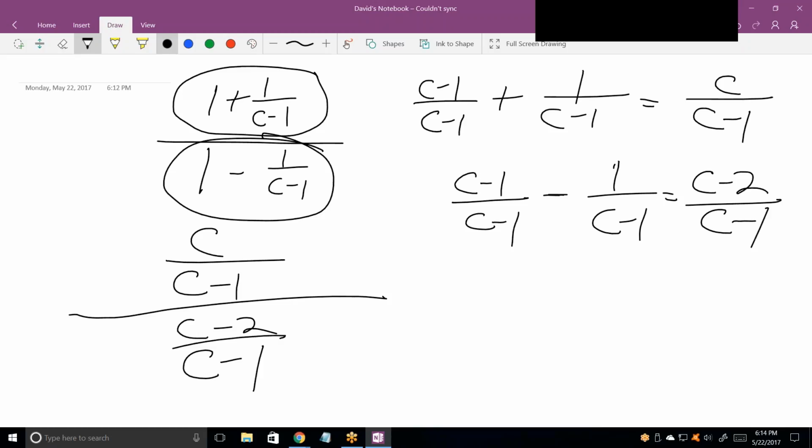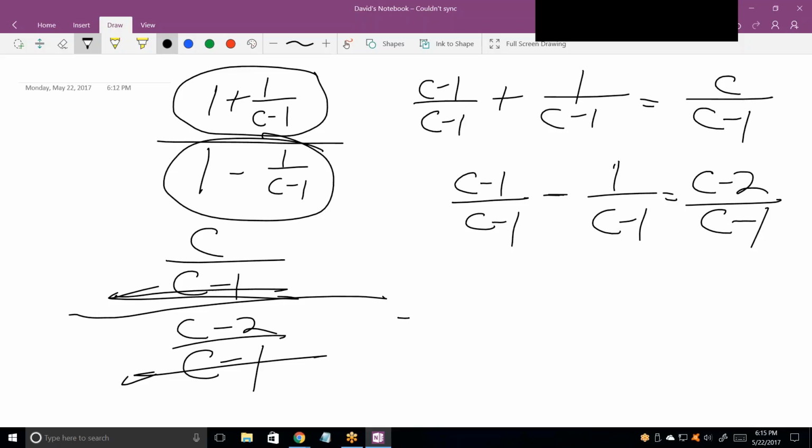Now, the safest way to do this problem is to flip. In other words, now that you have the denominator as a single rational quotient, you can flip and multiply. And notice what happens. The c minus 1 disappears. So if I have a fraction in the numerator and a fraction in the denominator, and their denominators are the same, I can just cross them out.